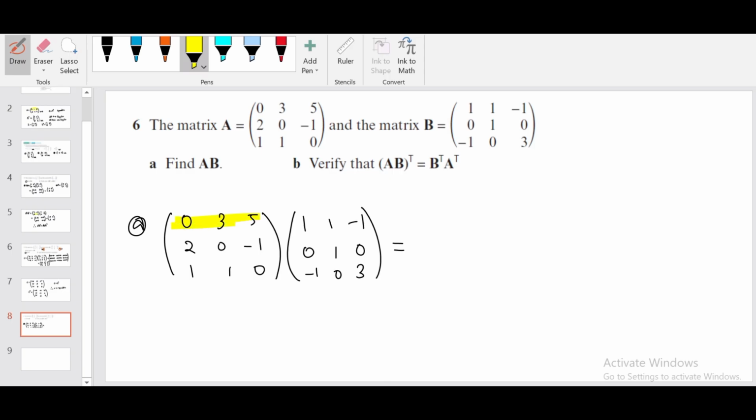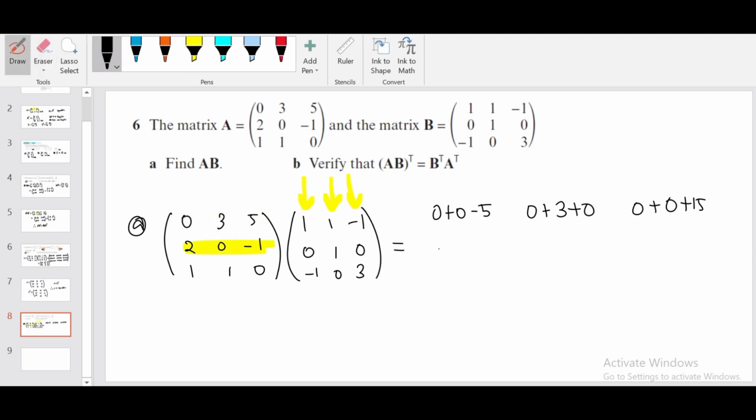Take the first row and multiply all three columns. So you will get 0, 0, minus 5. Second one is 0, 3, 0, and then 0, 0, 50. Now take the second row and multiply all the three columns. You will get 2, 0, 1, 2, 0, 0, minus 2, 0, minus 3.